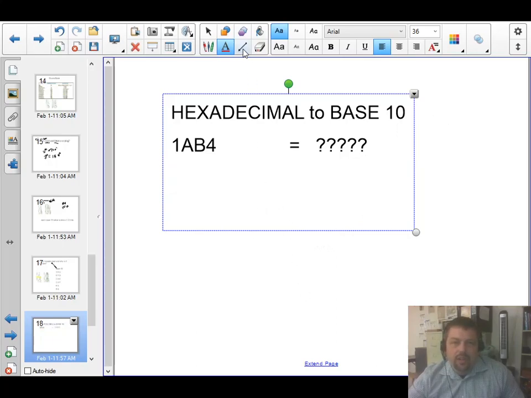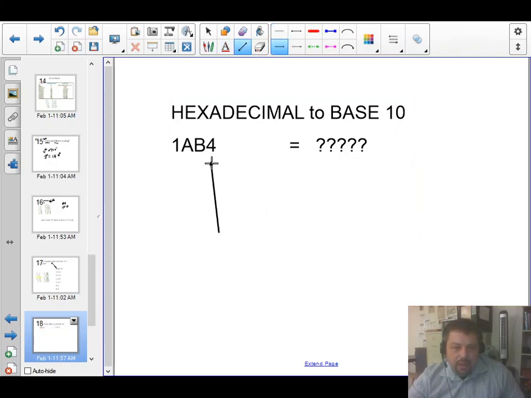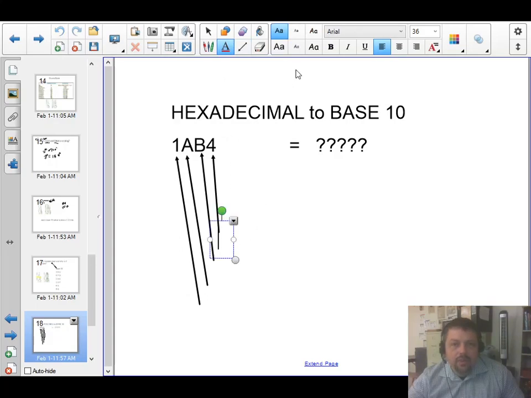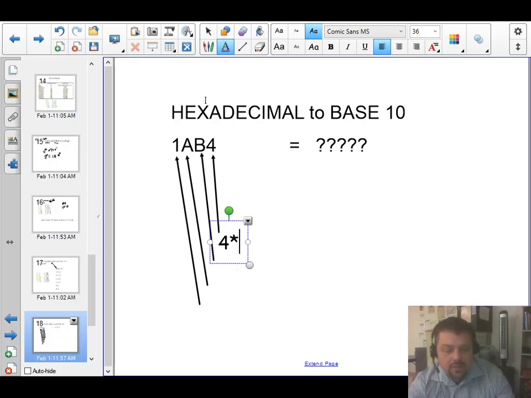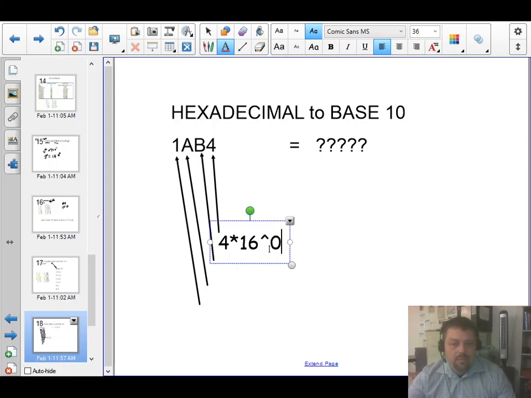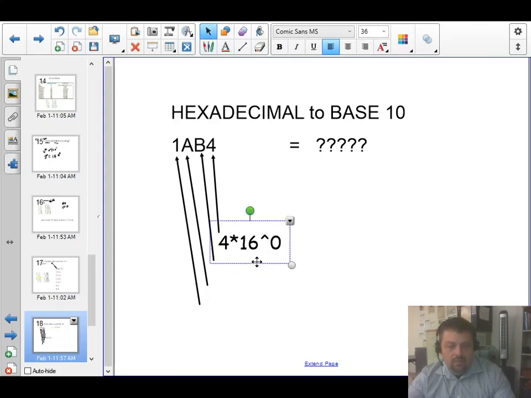Well, first of all, we have to remember that each of these values are powers of 16. So in the case of 4, that's not just 4, but that's 4 times 16 to the 0 power. And then the next value down is going to be not just B, but that's what B stands for.